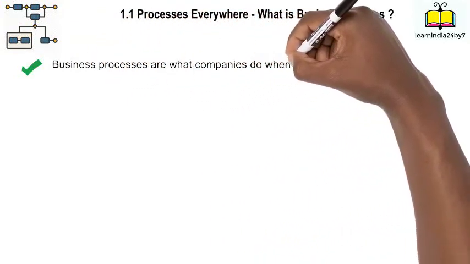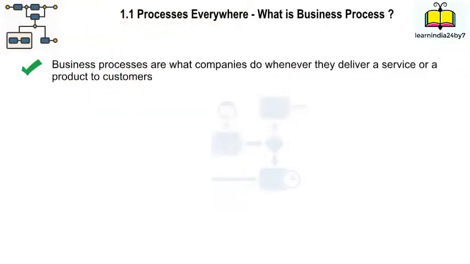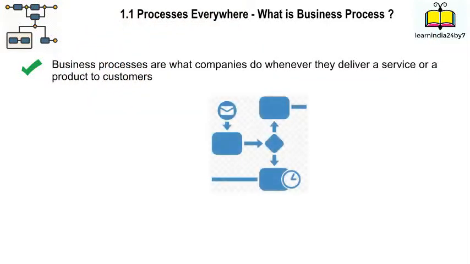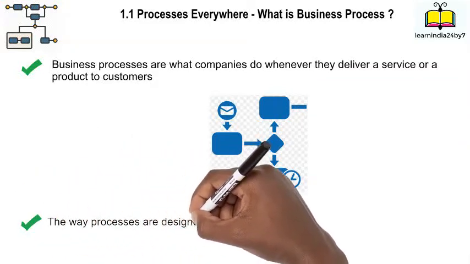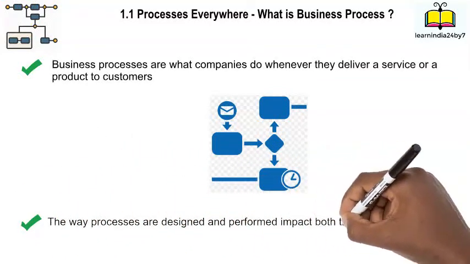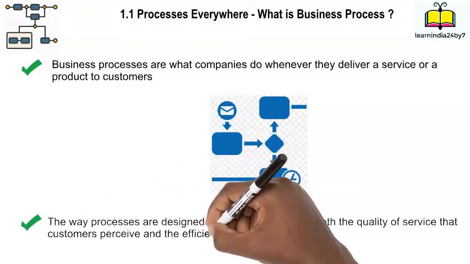Business processes are what companies do whenever they deliver a service or product to customers. The way processes are designed and performed impacts both the quality of service that the customer perceives and the efficiency with which services are delivered.